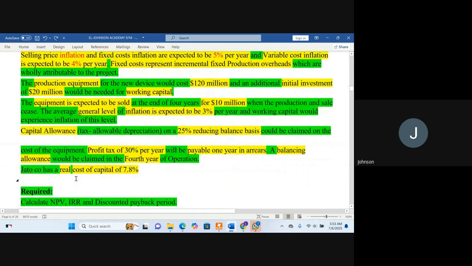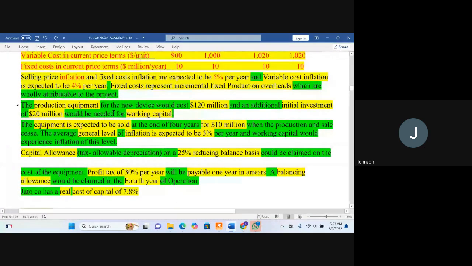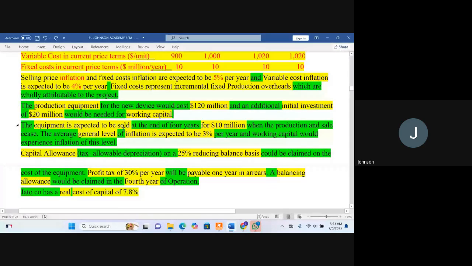They told us here that the average general level of inflation is expected to be 3% per year, and working capital will experience inflation at this level. Remember, the working capital was 20 million.